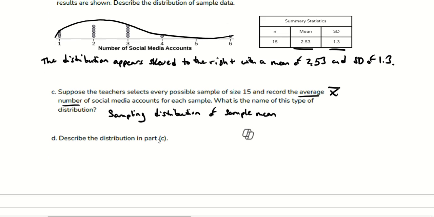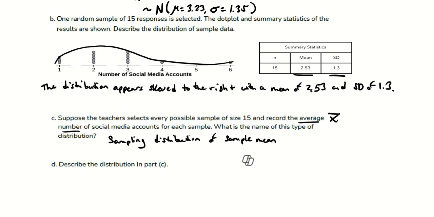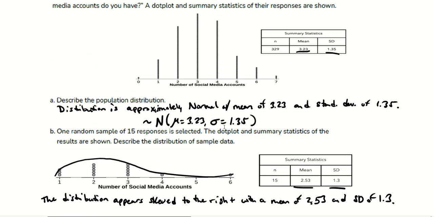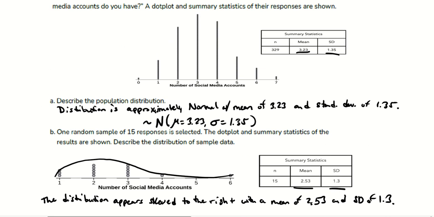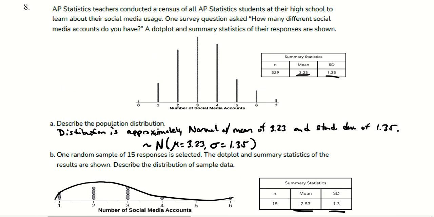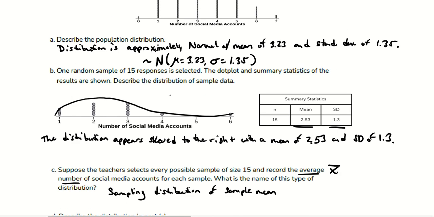If we did that, it would be the sampling distribution of sample means. This is the population data, and this data is the distribution of sample data.